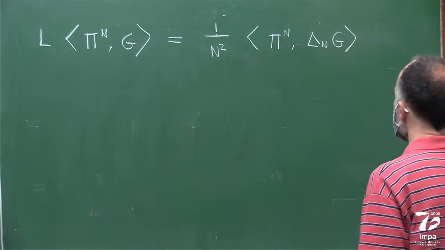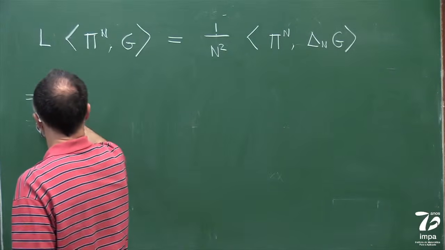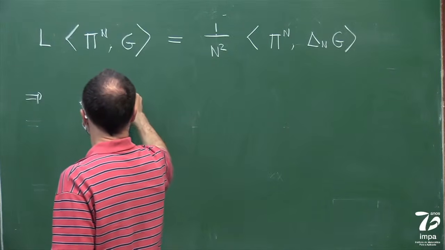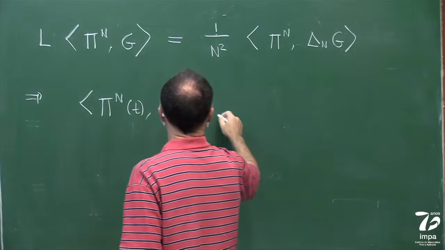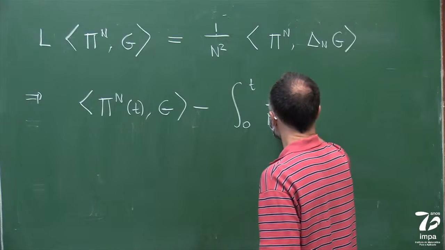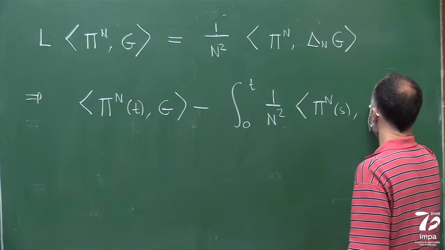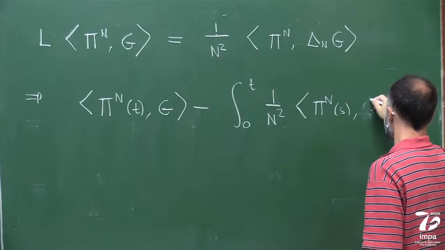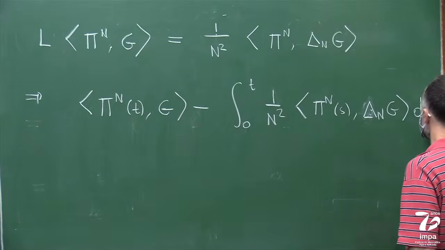Right. So I know that pi n t g minus this integral from 0 to t of 1 over n square pi n s g, discrete Laplacian of g, is a martingale.